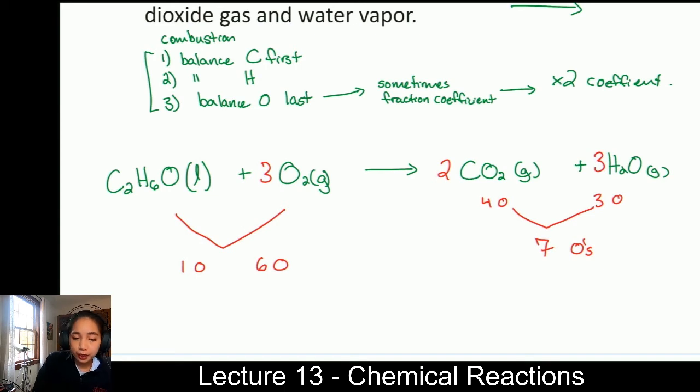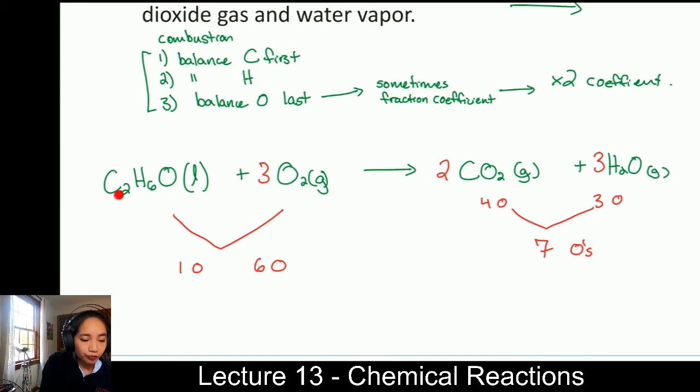And so now everything is balanced if you check everything out. 2 carbons, 2 carbons. 6 hydrogens, 6 hydrogens. And then oxygens, there's 1, 2, 3, 4, 5, 6, 7 on the product side. And on the reactant side, there's 1, 2, 3, 4, 5, 6 from the oxygen molecules, and the 7th comes from ethanol.